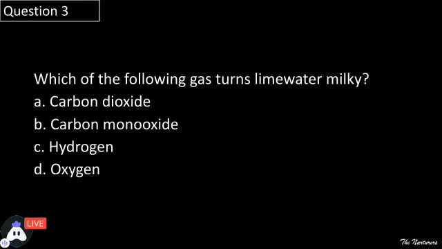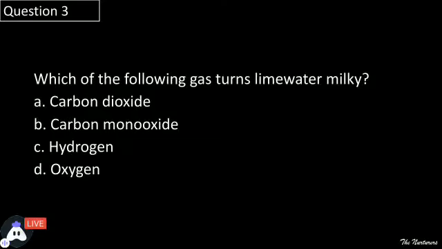Next, which of the following gas turns lime water milky? Now this question is about the test. When we test a gas, one of the gases turns the lime water milky. You need to name and tell which gas we are talking about, whether it is carbon dioxide, carbon monoxide, hydrogen or oxygen.